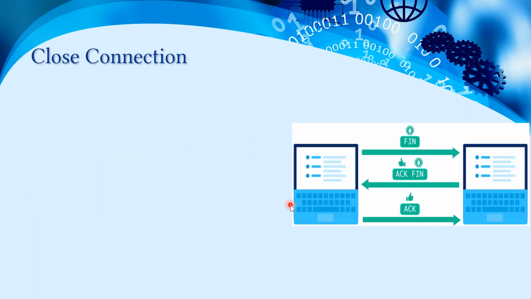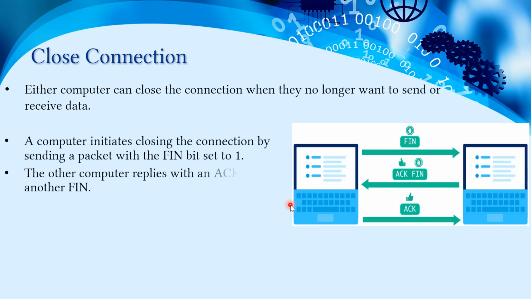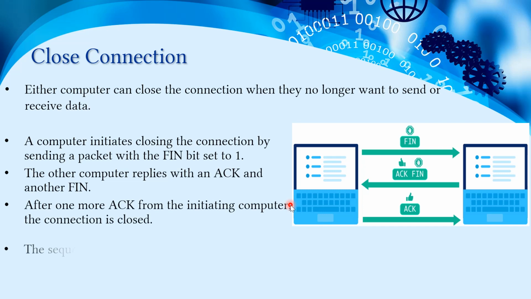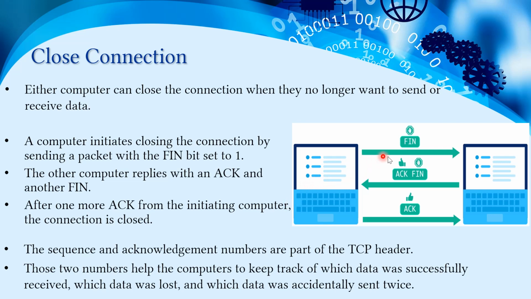And finally, closing the connection. At the end of the conversation, the data transfer is done. In that case, either computer can close the connection when they no longer want to send or receive data. A computer initiates the closing of the connection, saying that my data transfer is over.